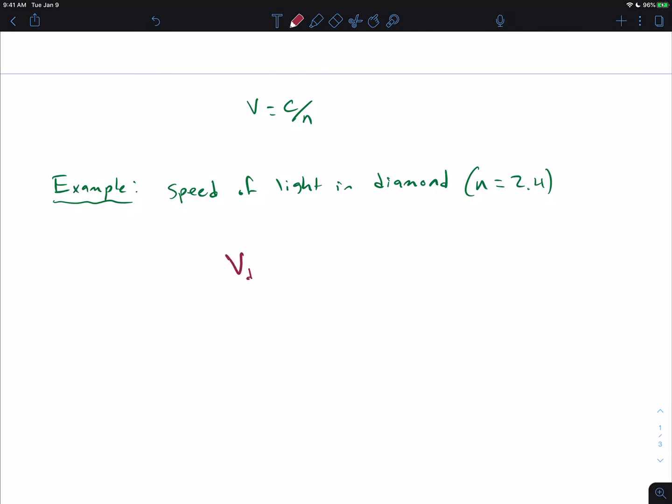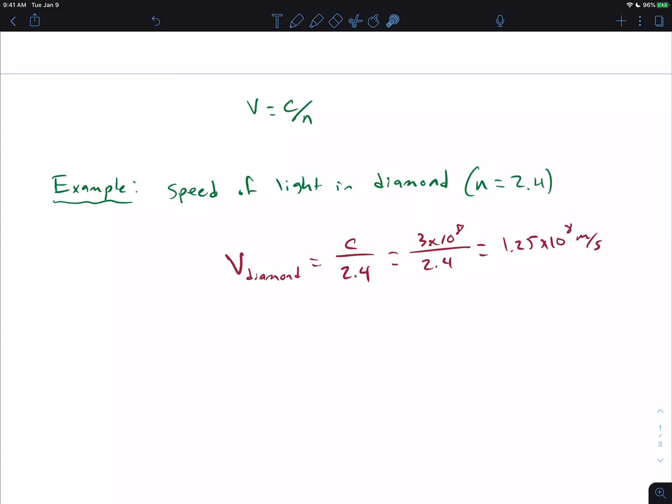So I'm going to call this V diamond is equal to C over 2.4. Remember, this is just 3 times 10 to the 8 over 2.4, right? So if we do this, this is 1.25 times 10 to the 8 meters per second.